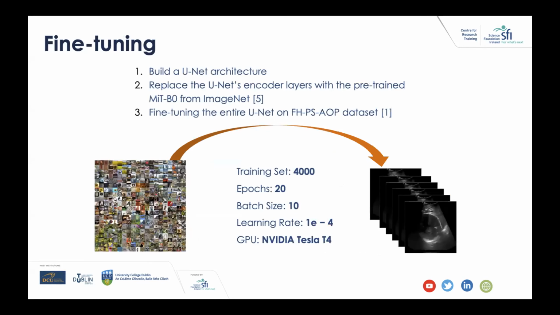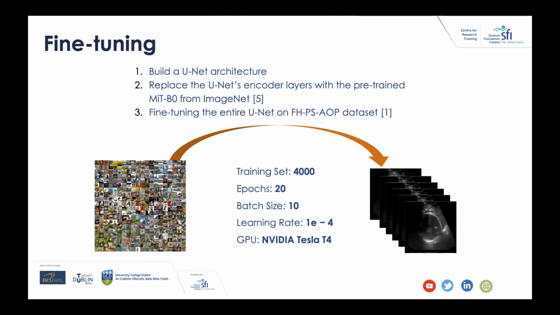For the training, we did experiments with the baseline UNet. The baseline UNet with randomly initialized weights gave a result that was not very good, so we decided to use the pre-trained weights from ImageNet, and that also gave us the best result.